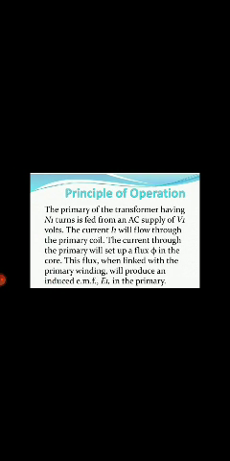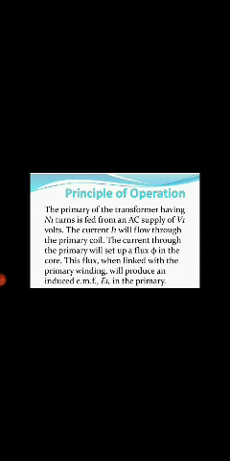Now the principle of operation. The working principle of a transformer depends on electromagnetic induction, the law given by Michael Faraday. The primary of the transformer has N1 turns, where N represents the number of turns and 1 represents the primary side.